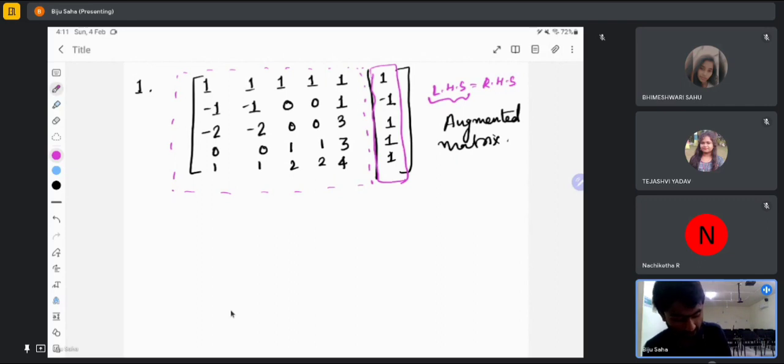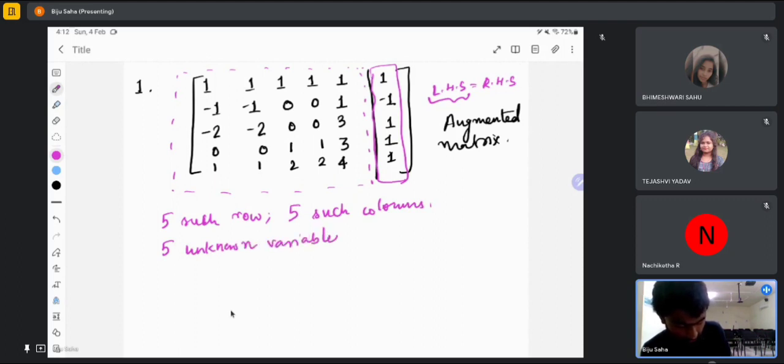Right now we have 5 rows and 5 columns. That in turn means that in my system of equations there are 5 unknown variables, provided we have 5 equations given.